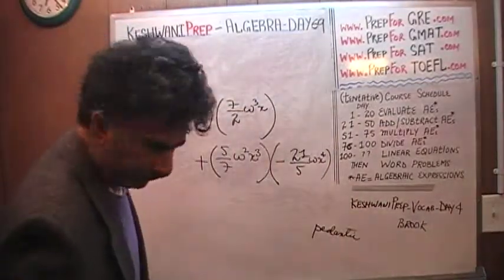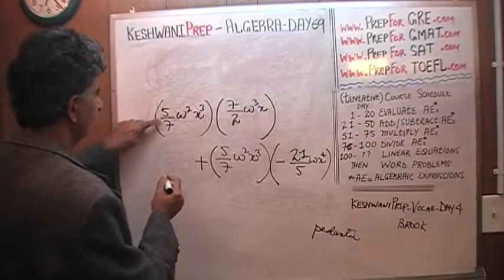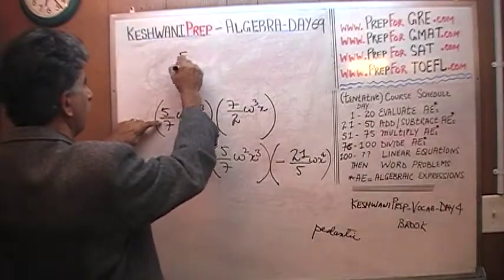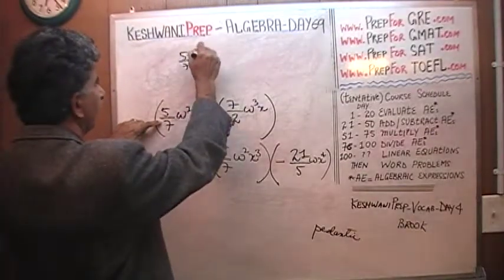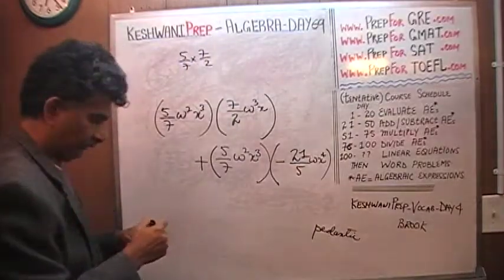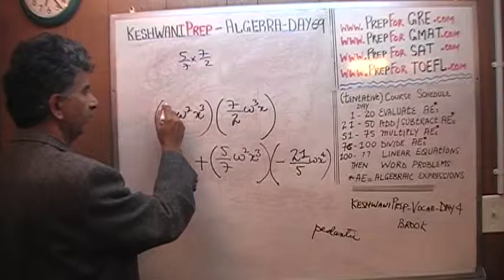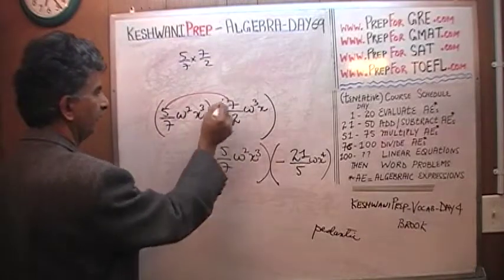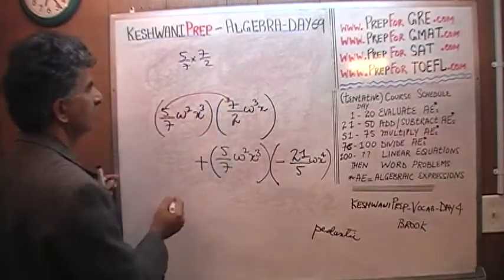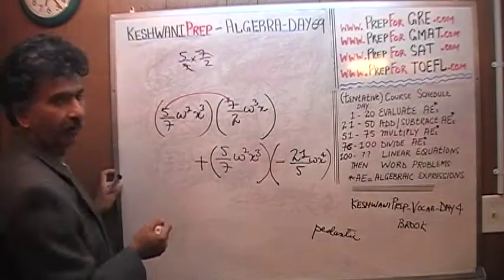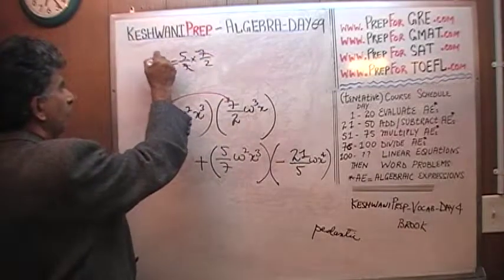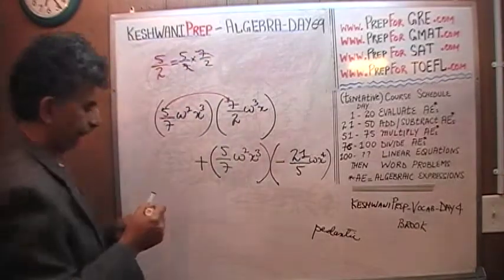Alright, so we have 5/7 times 7/2. 5/7 times 7/2 is what I'm showing you here, and the 7s cancel out, and you end up with 5/2.